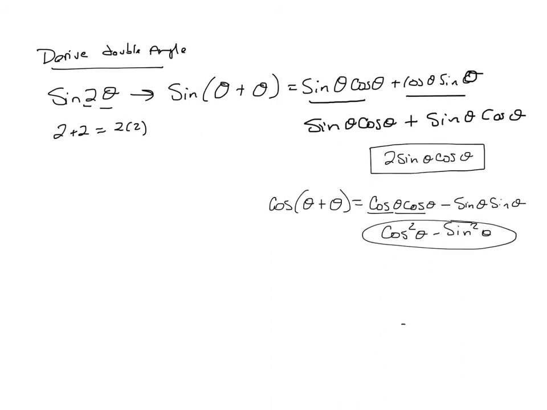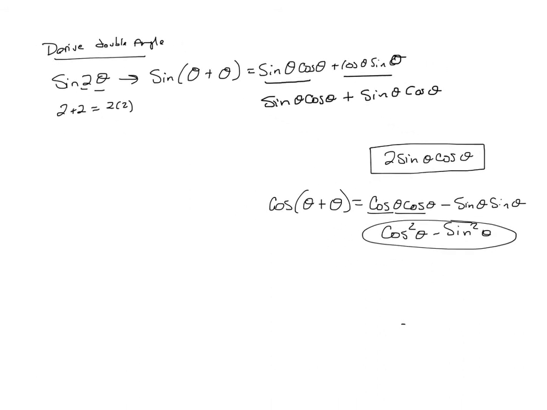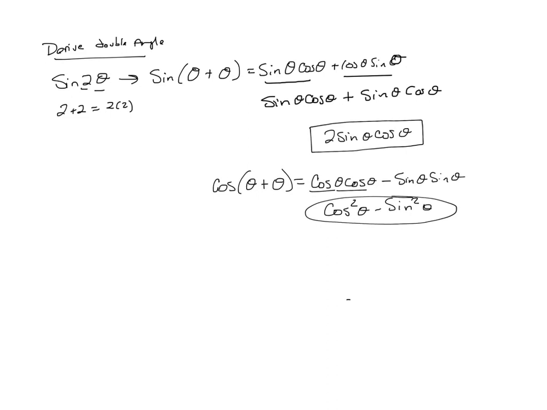Okay? So now there were two other ones for cosine. They're all equal to each other, so I could use any one I want. It really depends on the information that's given to us. But how do I derive those?